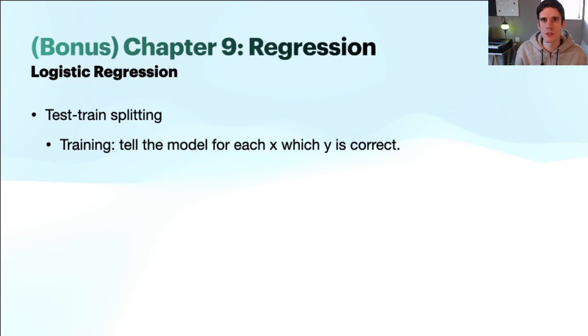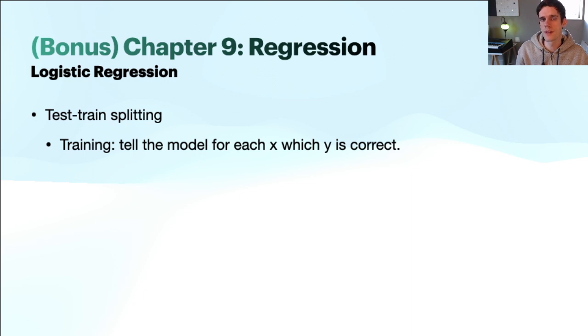Let's say that you're training a model that should be able to distinguish between pictures of dogs and pictures of cats. In the training step, you take the training data, so roughly 80% of your overall data set, and you tell the model, this is the picture of a dog, this is the picture of a cat, another cat, a dog, and so on for each image in your training data set.